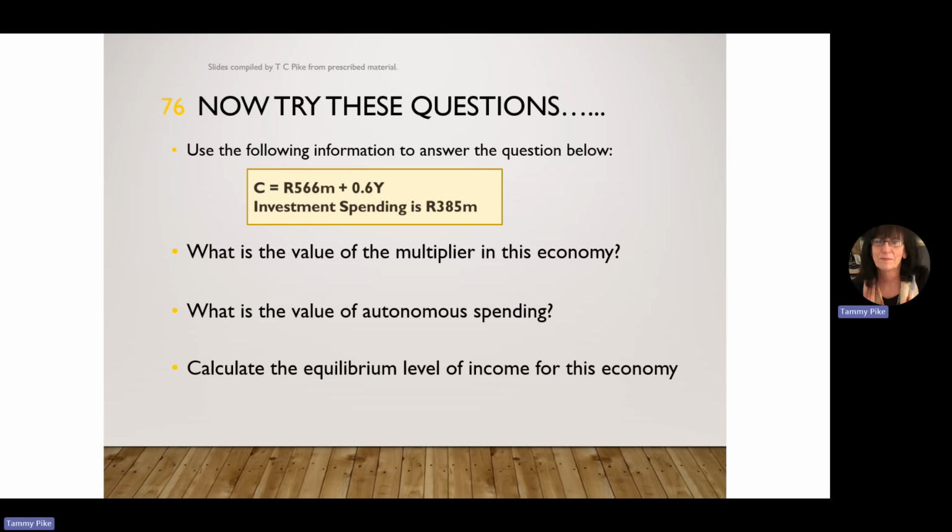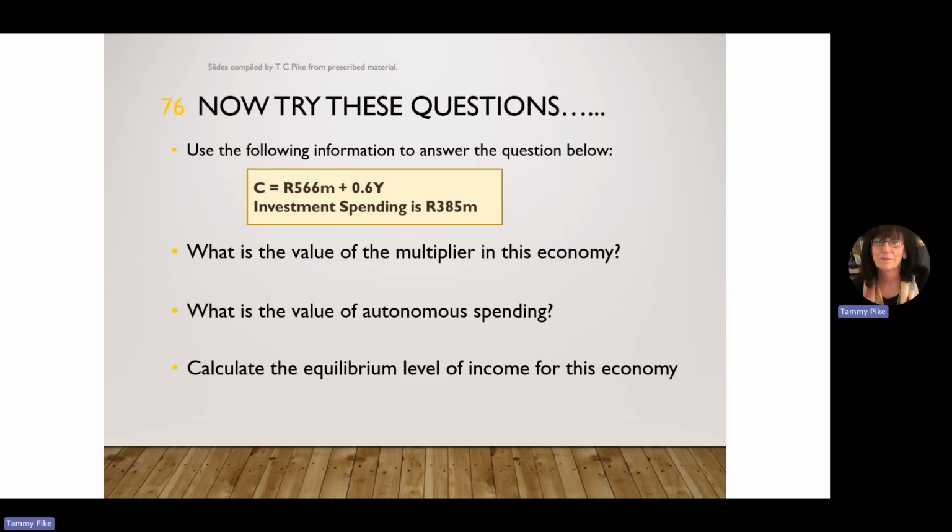So that is going to be 1 over 1 minus 0.6, and that is equal to 2.5. Casio calculator, pop it in the fraction function, and you should be able to see your answer quite easily.